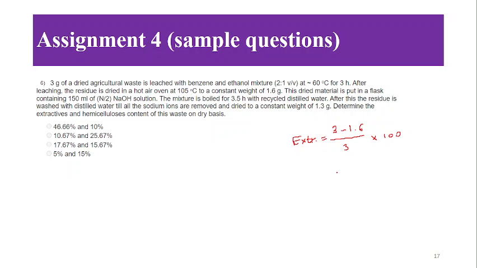Next, they are saying that for 3.5 hours the mixture is boiled after mixing with 150 ml of 0.5 normal NaOH solution. After the removal of ions, the constant weight after drying is 1.3 grams. So for this, it will be 1.6 minus 1.3 upon 3 into 100.